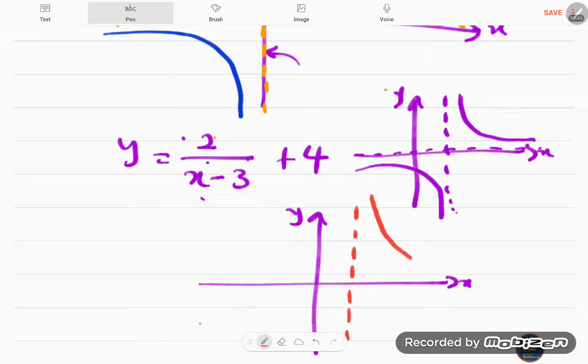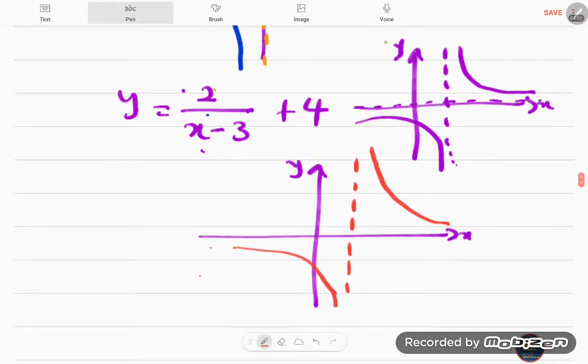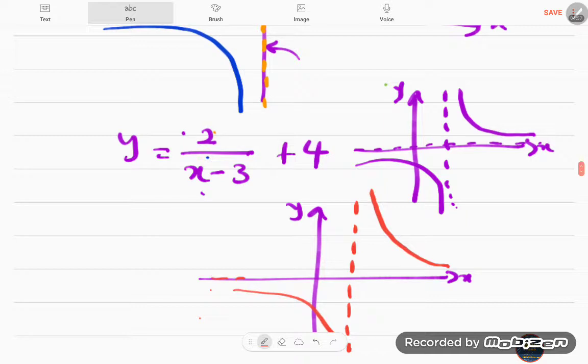So the graph becomes stretched like that. But the difference really is not going to be much. As you can see, it's still the same graph, and our line of asymptote is still there as well.